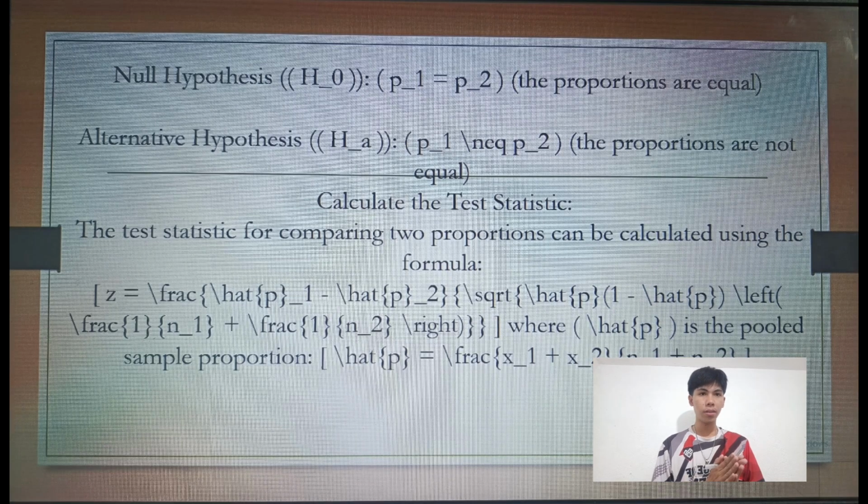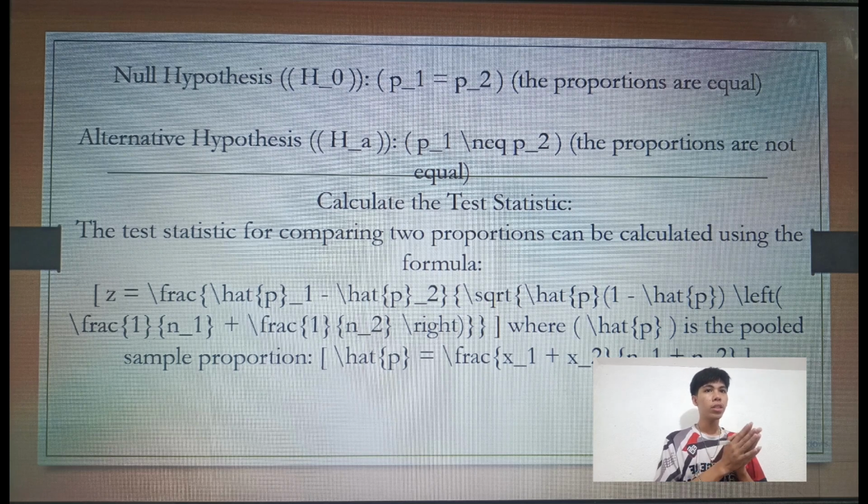Formulate hypotheses. The null hypothesis is H0: p1 = p2. The proportions are equal. And next is the alternative hypothesis, HA: p1 ≠ p2.